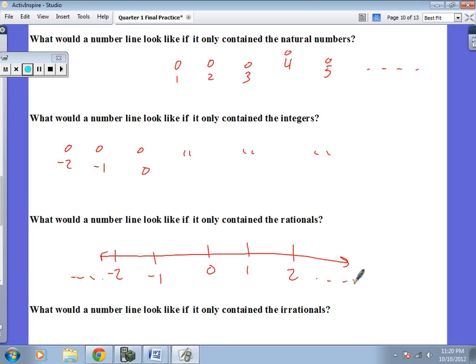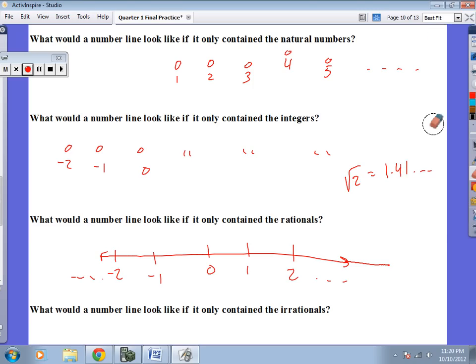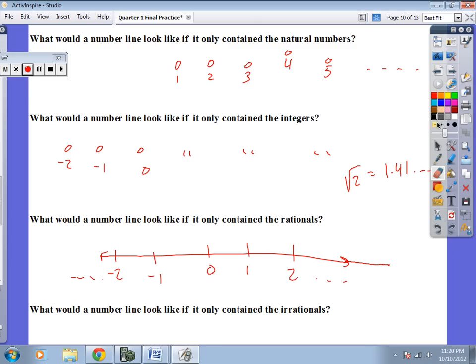So for example, I know that this only contains the rationals, so I know, for example, square root of 2 is like 1.41 blah blah blah. So in between 1 and 2, I'm gonna have to erase a chunk. Somewhere near 1.41, your number line would be empty.